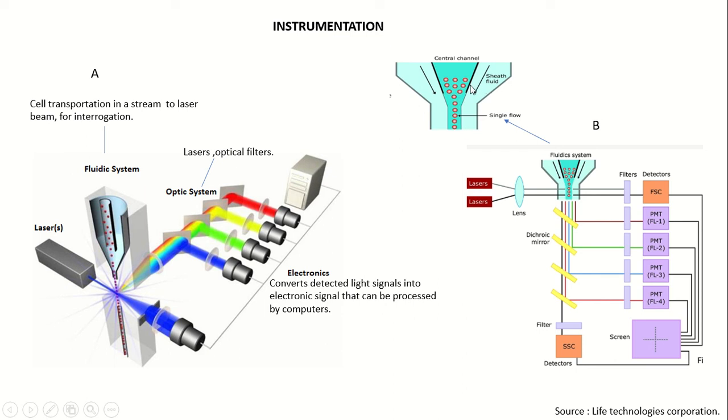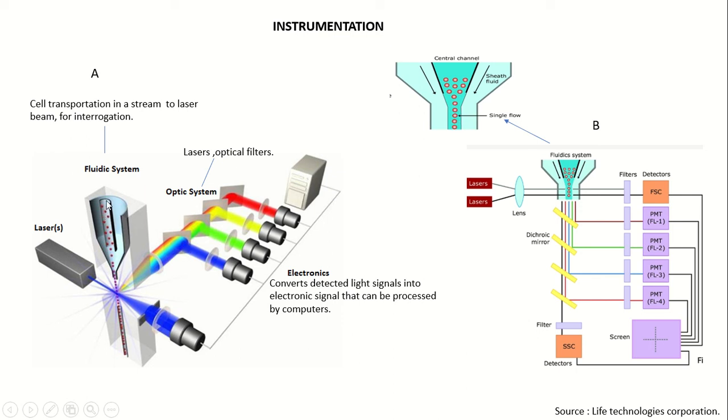The force applied by the sheath fluid is such that the velocity of flow at the center remains maximum, whereas the velocity at the wall remains minimum or almost zero. So there is a flow of cells in the central region of the chamber, like this, a single stream flow, as we can see here also.